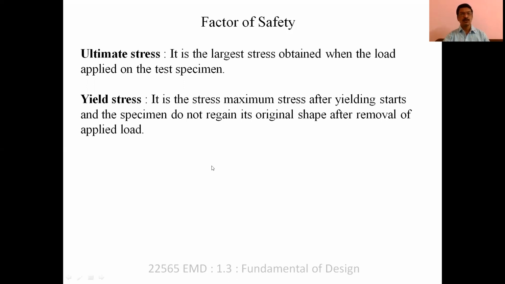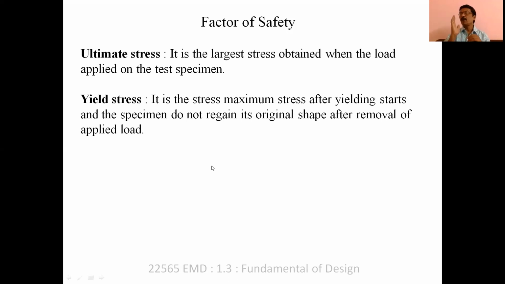Ultimate stress and yield stress are the maximum stresses that we know. Depending upon that, we can design any component. But these are the ultimate points.